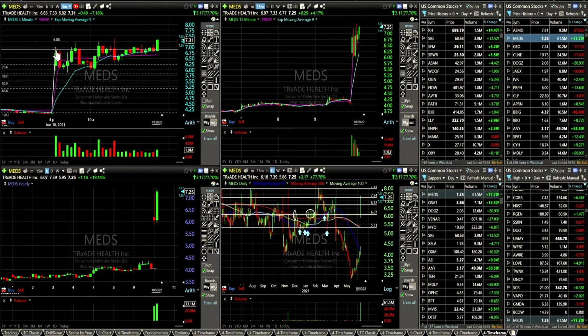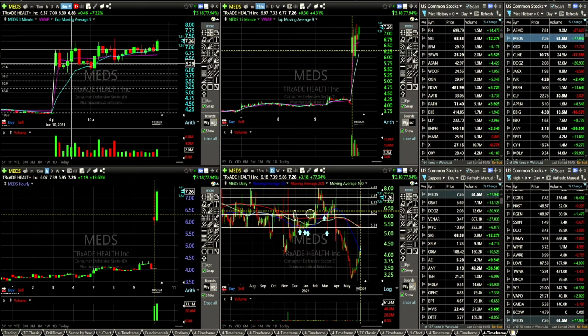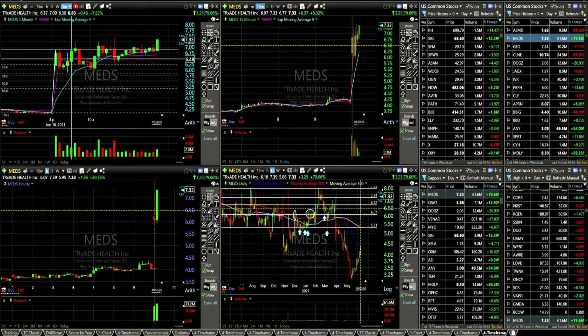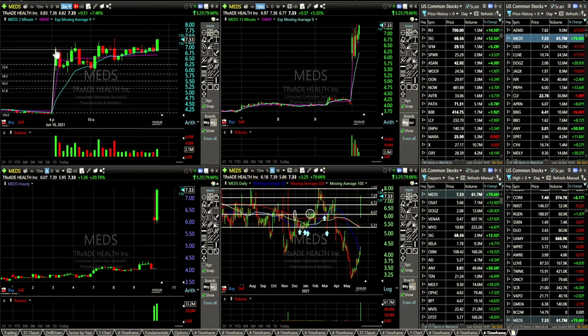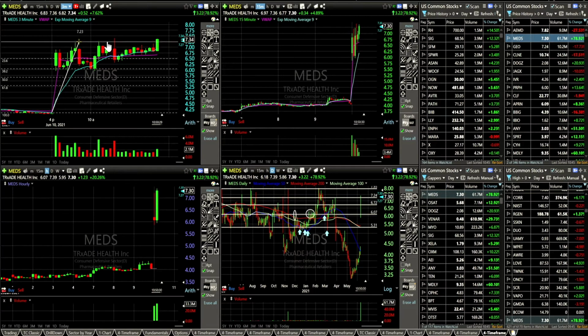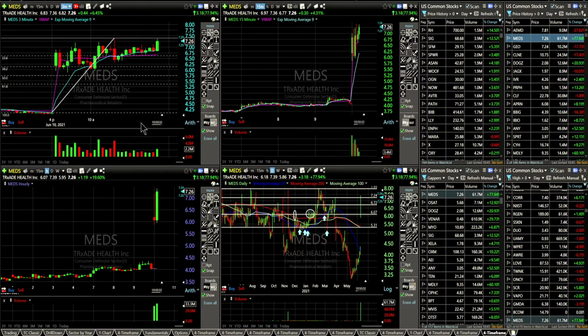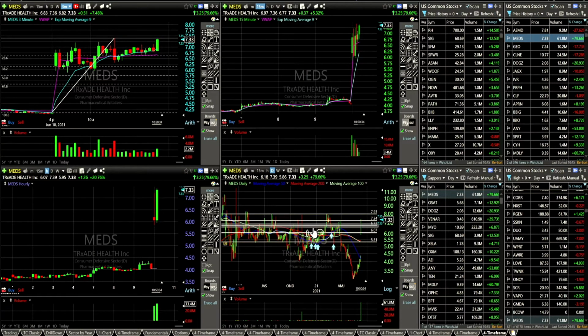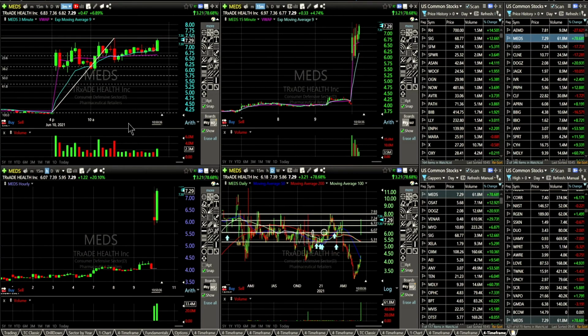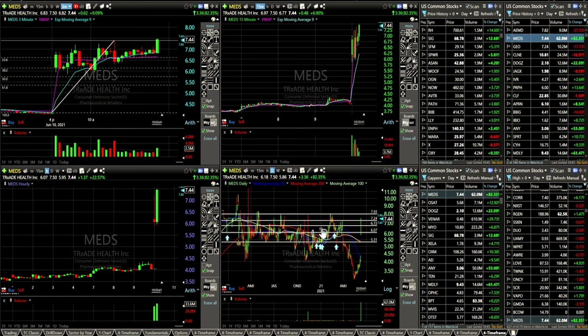But I thought there was a lot of potential here. We were holding that $6 zone. We were holding the VWAP. It was a really good, decent trade there. It had a low float, so there was a good shot here at a big squeeze. But it wasn't as clean as ANY. ANY was way cleaner. And MEDS has a shot at being as clean, but it needs to get up over $8.